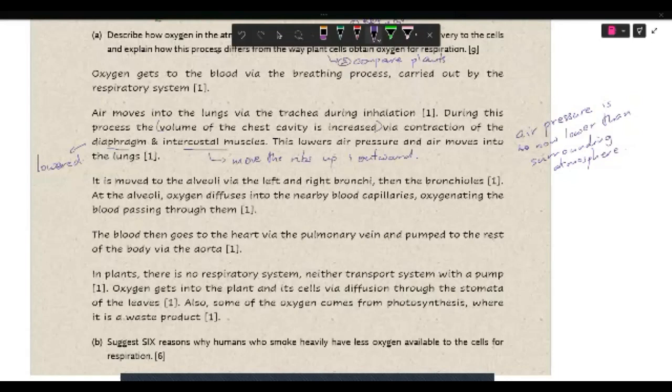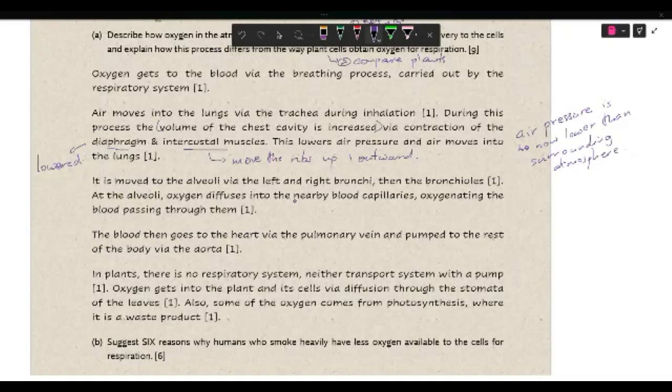Now, so far the air has gotten from the outside into the lungs, but we still haven't talked about getting the oxygen from the air into the blood. So this is where we talk about the alveoli.